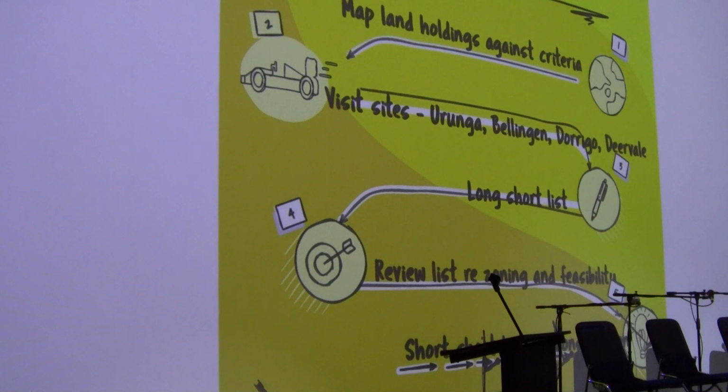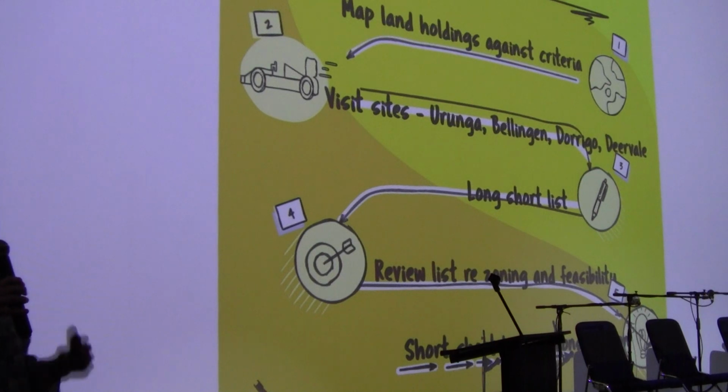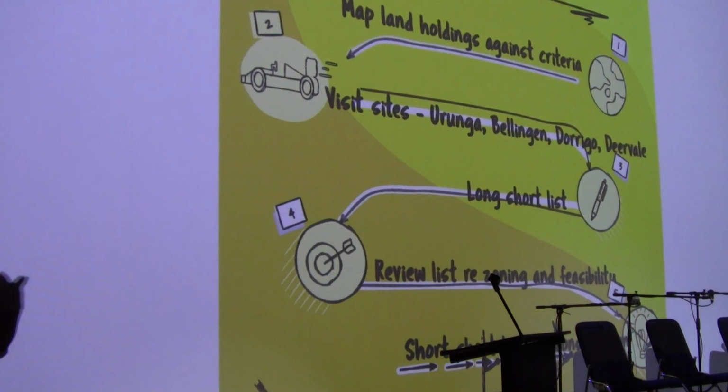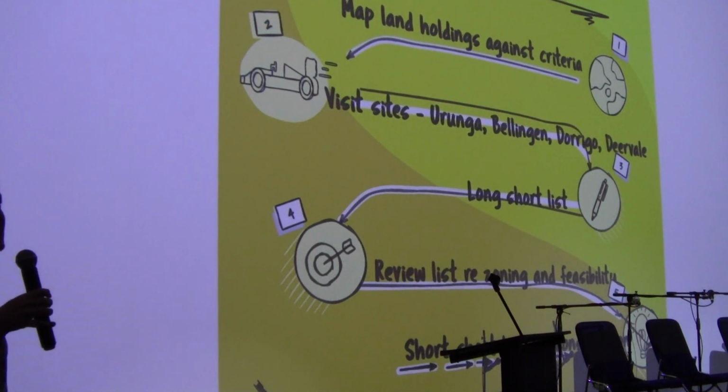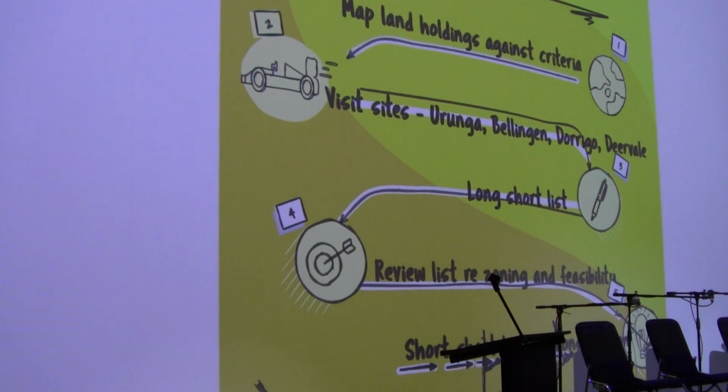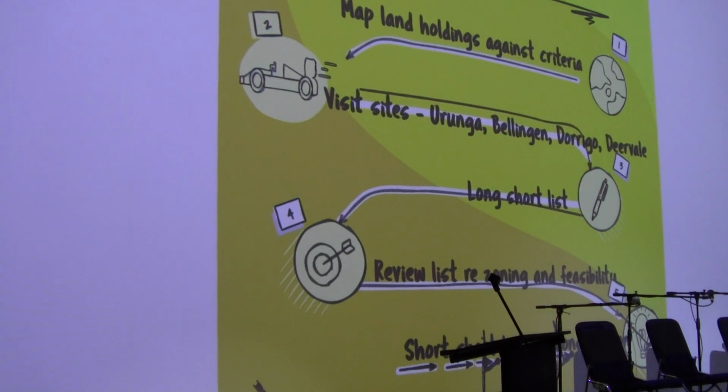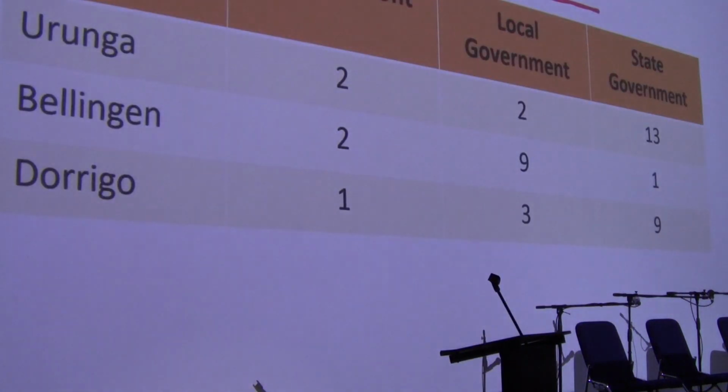So a lot of work has been done on trying to identify potential sources of land through a mapping exercise where we then can make direct approaches. That's the sort of journey that we've been on, which we are very pleased to have been able to do with Urbanista, which is a planning consulting company with a lot of professional expertise, who mapped all of the land holdings in the Bellingen Shire and then basically sorted them according to criteria that we agreed and came up with a short list, or a long short list for us to visit.